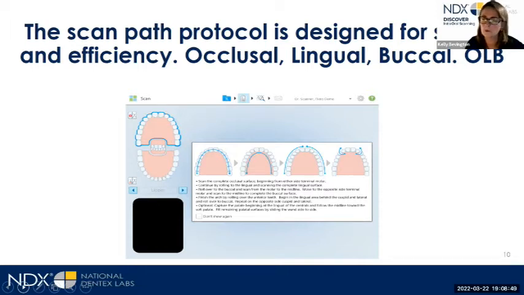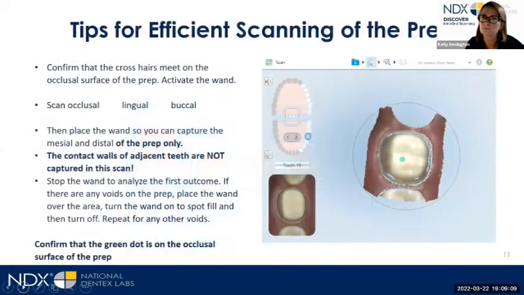I've worked with many doctors and assistants who aren't necessarily rule followers and want to change it up a little bit. I can just guarantee you that if you do the OLB, occlusal lingual buccal, you will become faster and the accuracy of your scans will greatly improve.